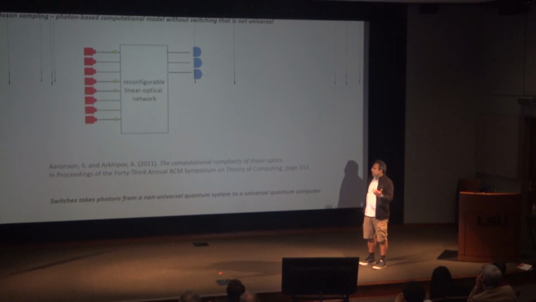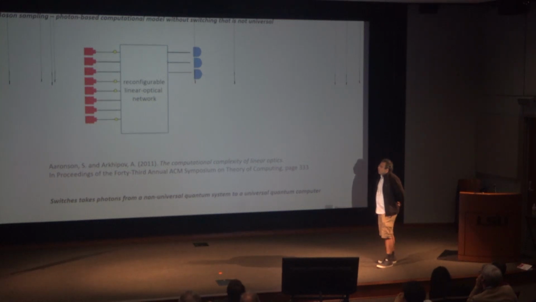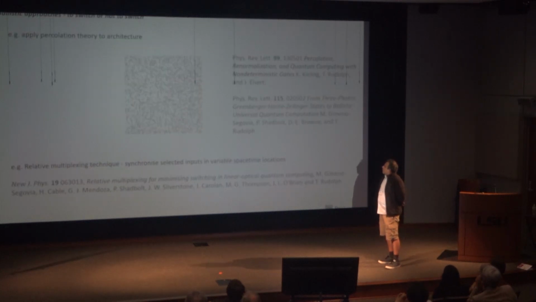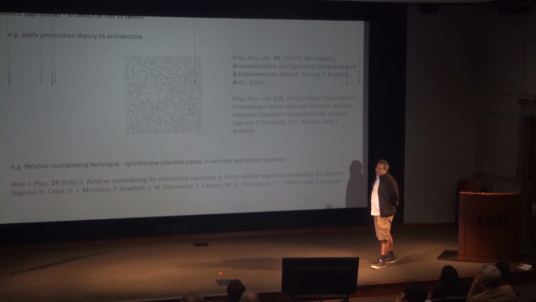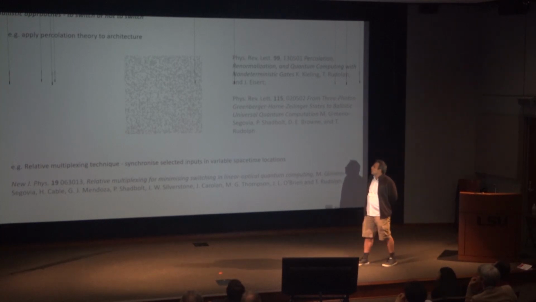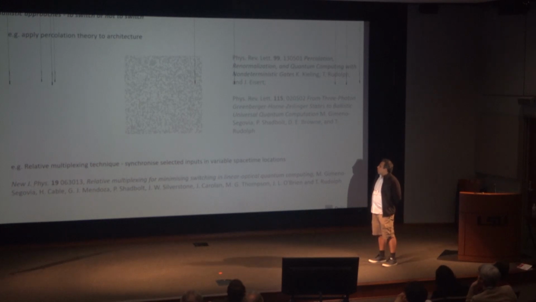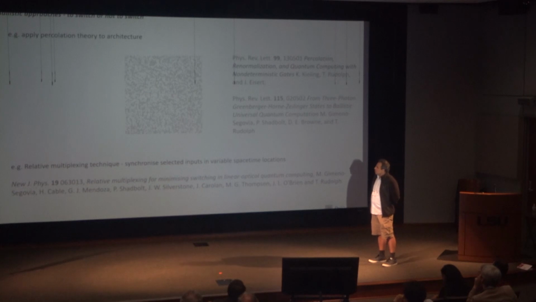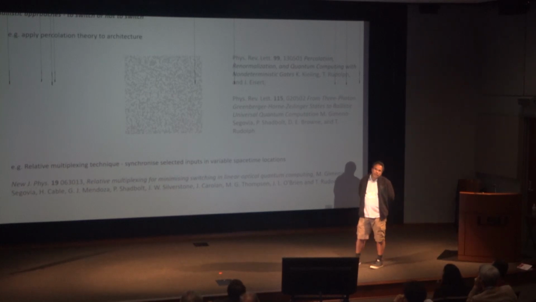So there is a fundamental requirement for switching, which is a challenge because it's a difficult technology. And there's a long history of trying to get rid of the switches in linear optical quantum computing. So one example of a way to do this, written by myself and colleagues, is something that we call relative multiplexing, right?